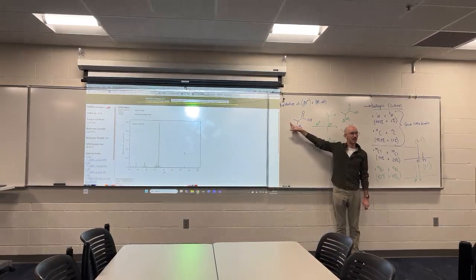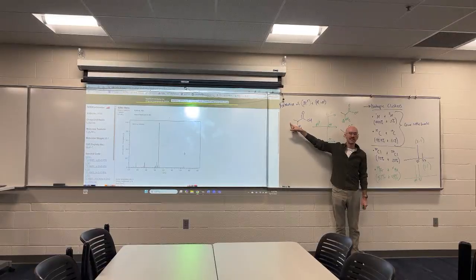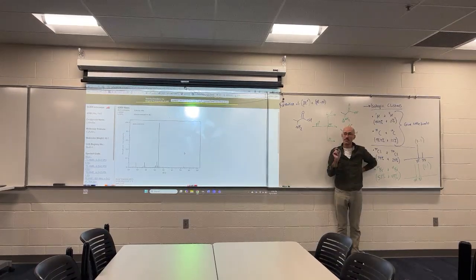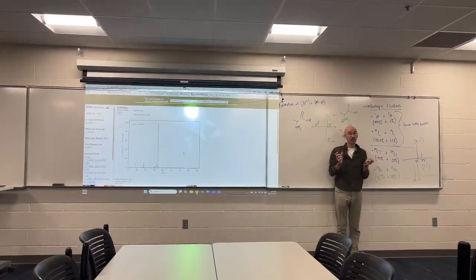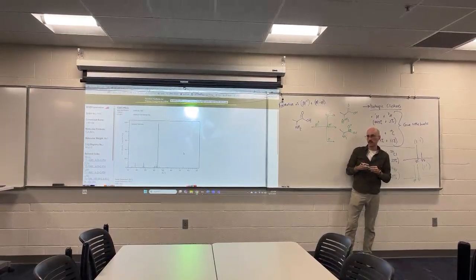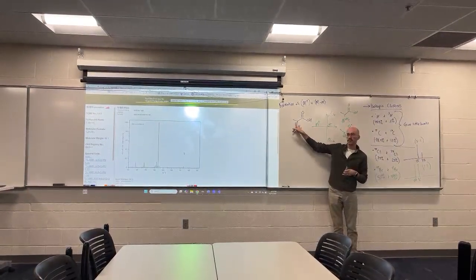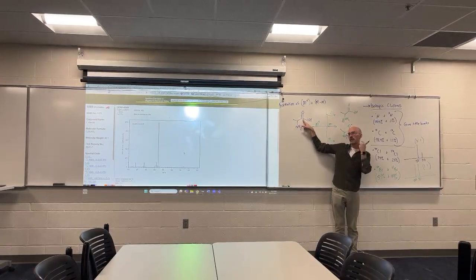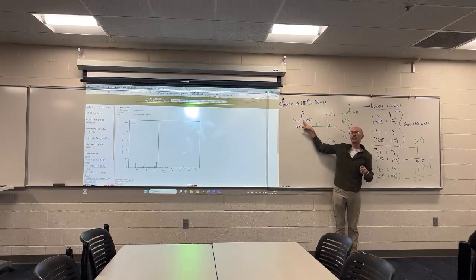I gotta tell you, one of the most missed questions on this summer's midterm was how many sigma bonds were in a compound like this. Easy mistake. What did we say? 12. There are 12 sigma bonds. So there are a lot of places where I could pull away a sigma electron. Wasn't there another H on carbon? I counted this one in the middle with the oxygen? No. Oh, because that's a carbon. How many bonds do you see already going to that carbon? Oh, 4. There you go.